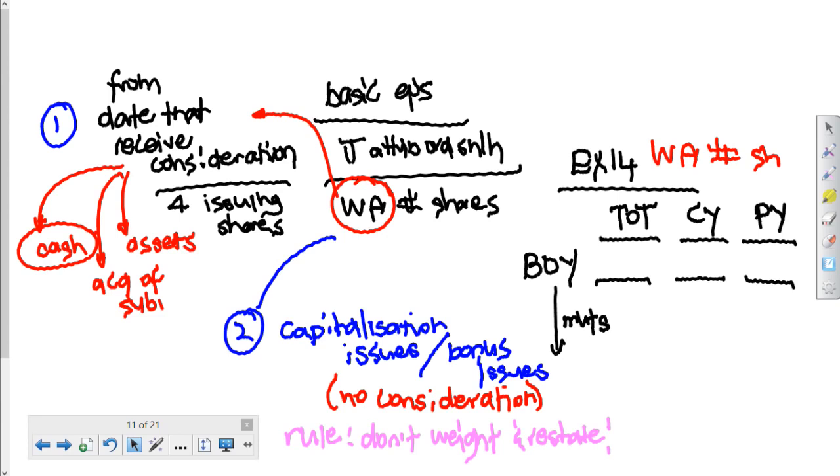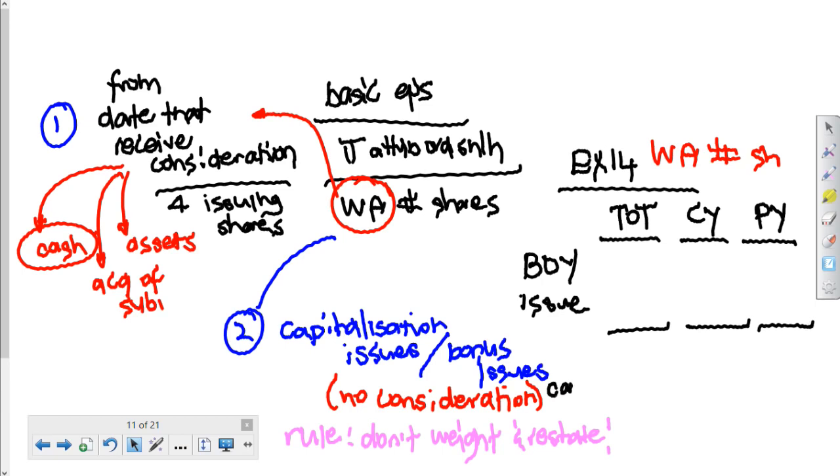But what I want you to do is I want you to rule off after every movement, just to total after every movement. So you're going to have two movements. You're going to have a normal issue, and then you're going to have a cap issue or a free issue. So you're going to start with beginning of year. You're going to have your issue. Then you're going to rule off.